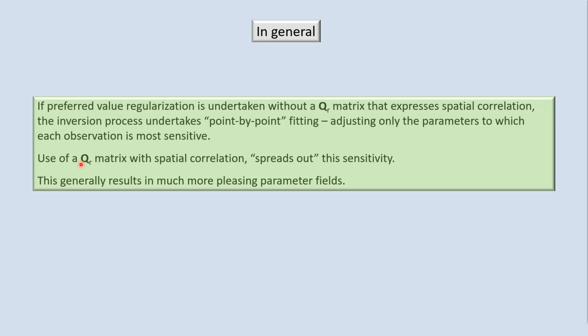We will get a fit that makes sense to us geologically, is much more pleasing, and hence has a much greater claim to the status of minimum error variance solution to the inverse problem which we are solving using Tikhonov regularization.